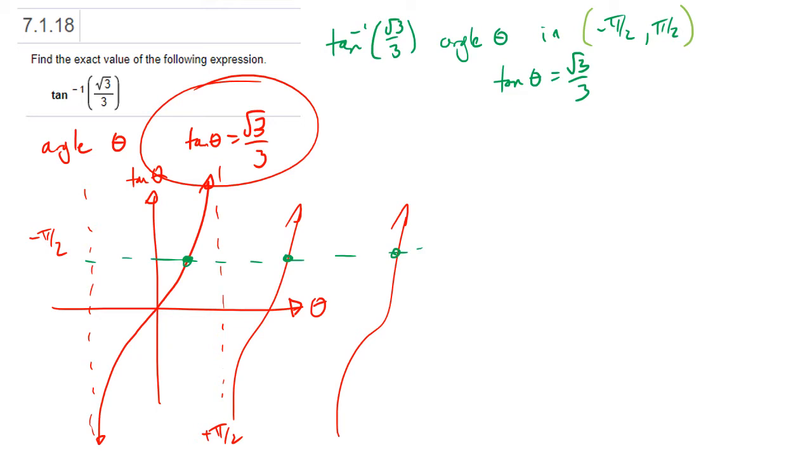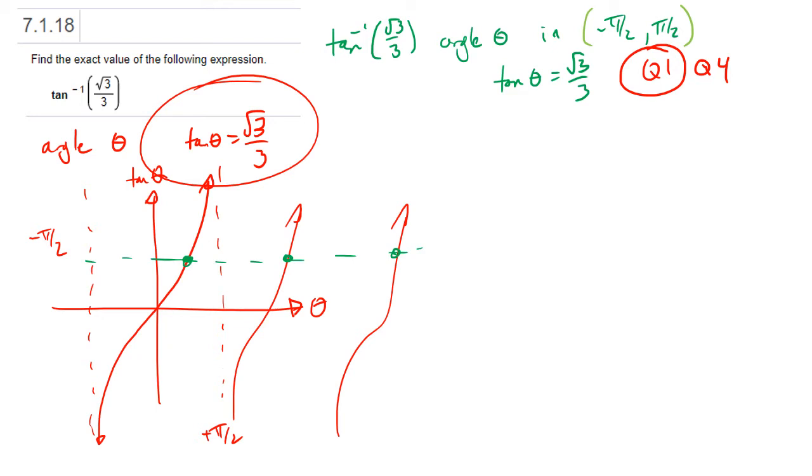Okay, so now what we're looking for is something specifically in quadrant 1 or quadrant 4, somewhere between plus or minus pi/2, whose tangent is √3/3. In quadrant 4, the tangent function is negative. In quadrant 1, the tangent function is positive. And since we want positive √3/3, we are looking for something in quadrant 1.